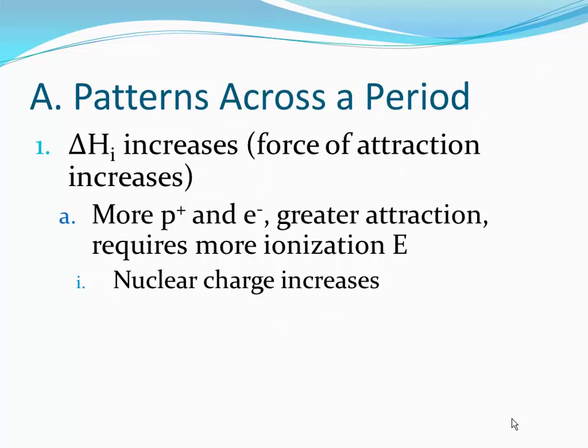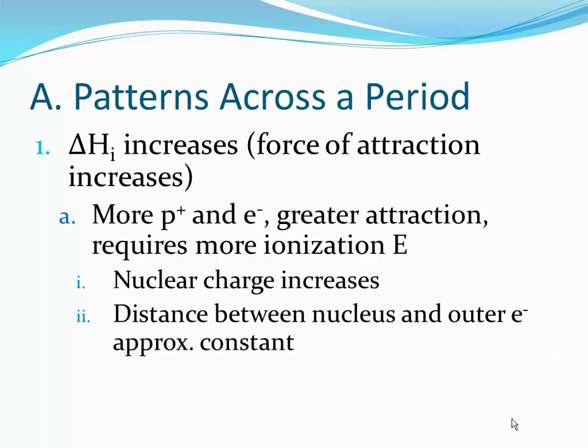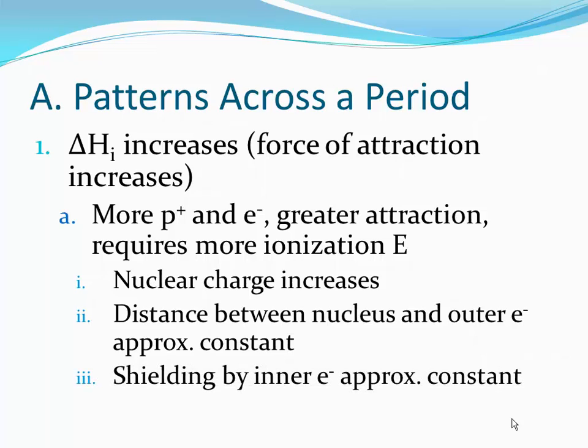The nuclear charge increases because of the number of protons. The distance between the nucleus and the outer electrons stays pretty constant because it's the same quantum shell, same energy level. And the shielding by the inner electrons is the same, meaning the first energy level or the second energy level, where the electrons are being shielded, remains constant.